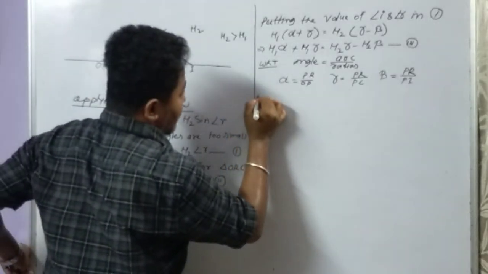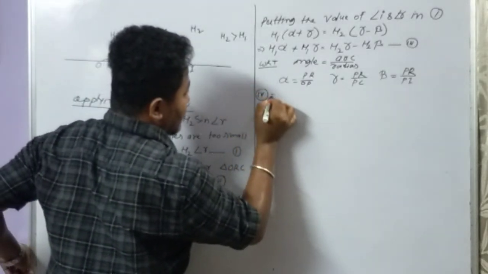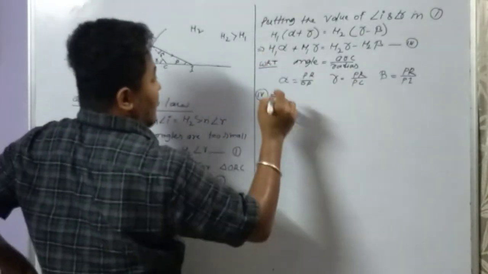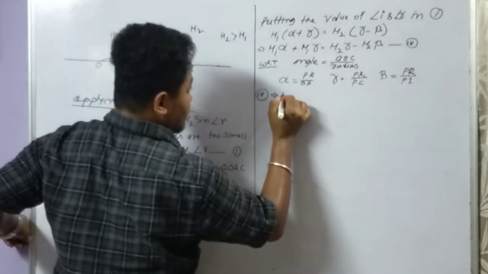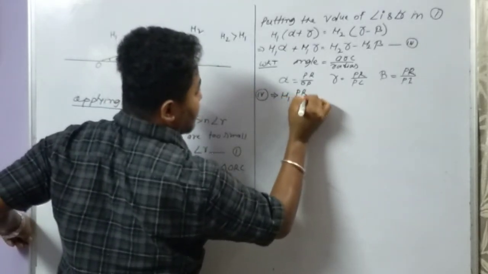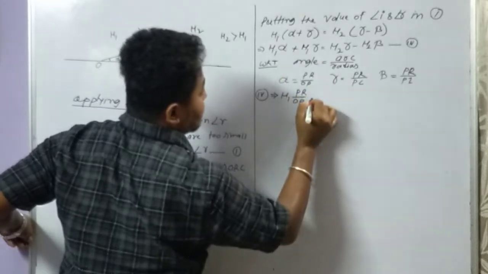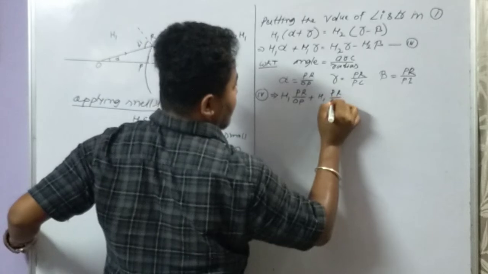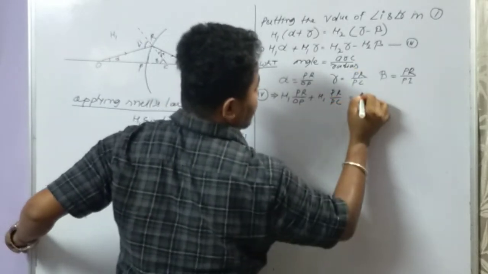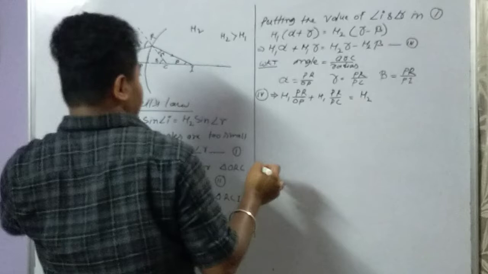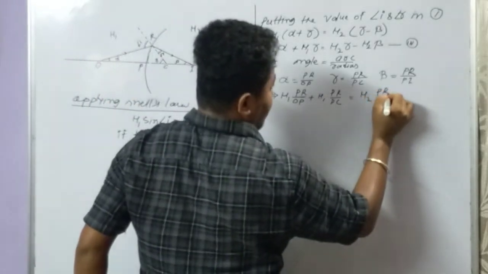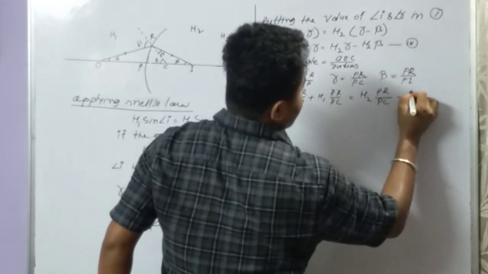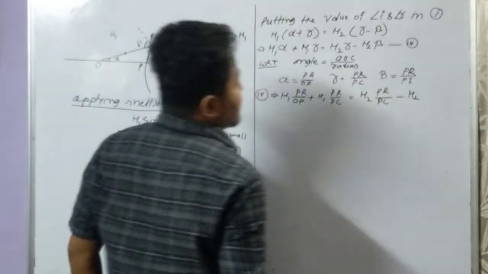From number 4 equation, what was equation 4? Mu1 alpha. So I will write mu1 of PR by OP plus mu1 of PR by PC is equal to mu2 gamma. In the place of gamma, the same thing will come, PR by PC, and minus mu2 of beta.